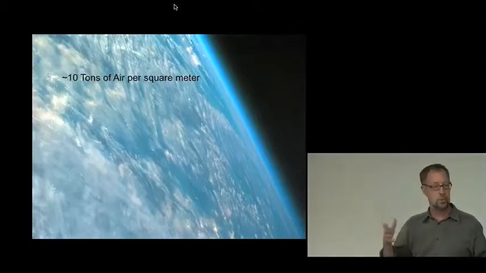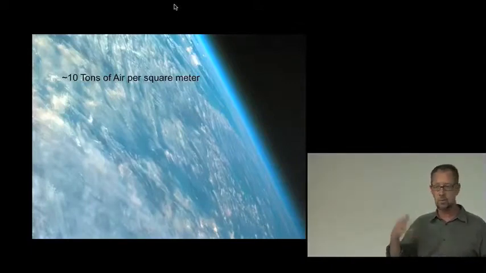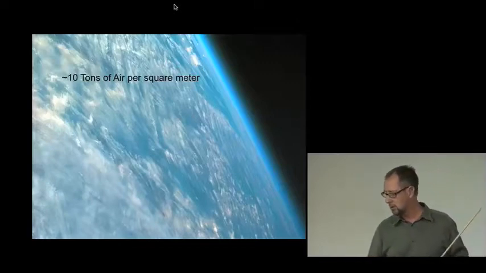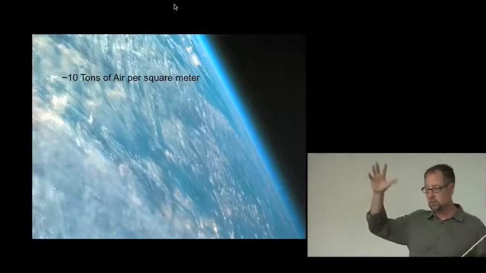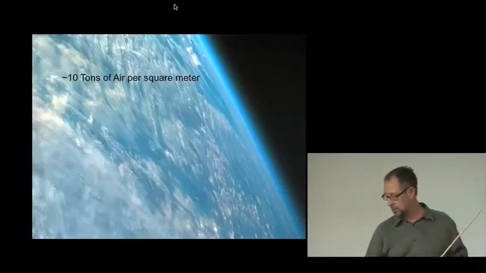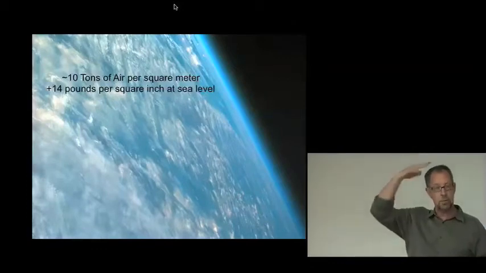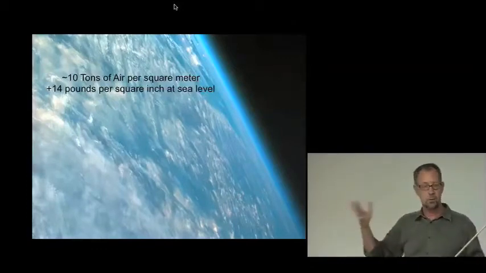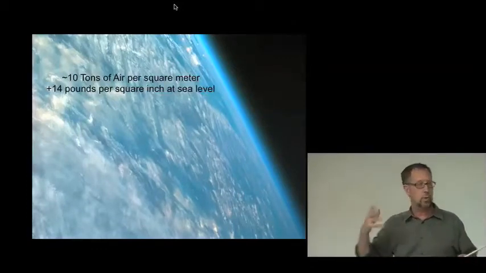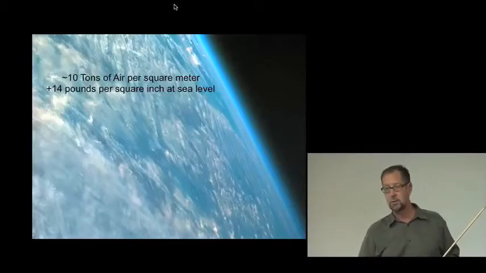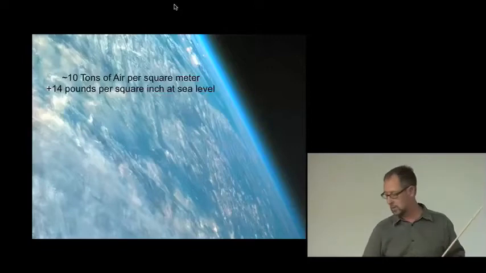And again, this is one of the misconceptions that is hard to kind of break through with some of the younger learners in particular. But at sea level, that's 10 tons of air per square meter, 14 pounds per square inch, pressing down on us. But we're like fish in the ocean. We don't realize that we have all this pressure bearing down on us, and that the air surrounding us has mass.